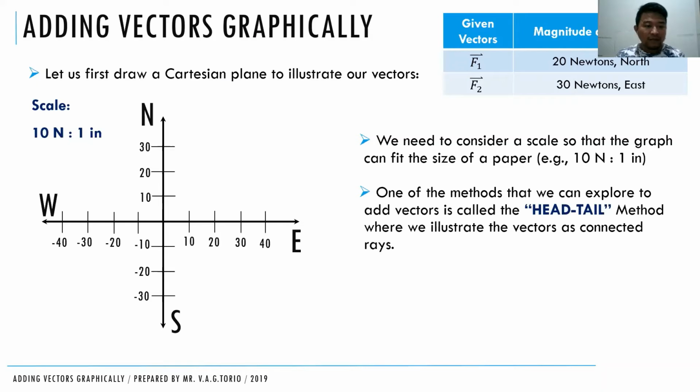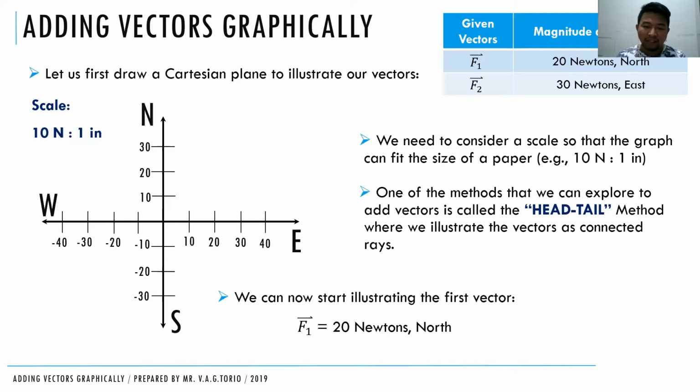And one of the methods that we are to use, in particular for adding vectors graphically, is called head-tail method. And in the head-tail method, we first draw the first vector, say F1, which is 10 newtons north, there.